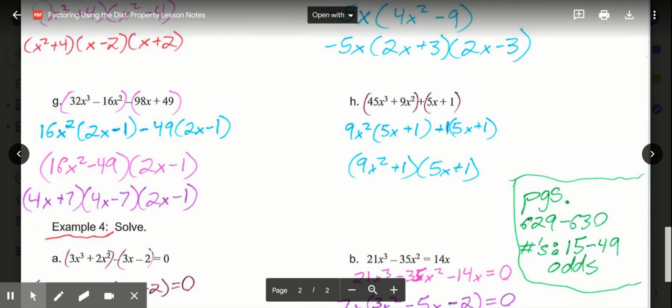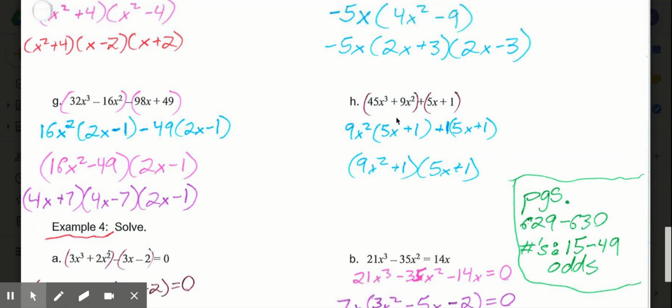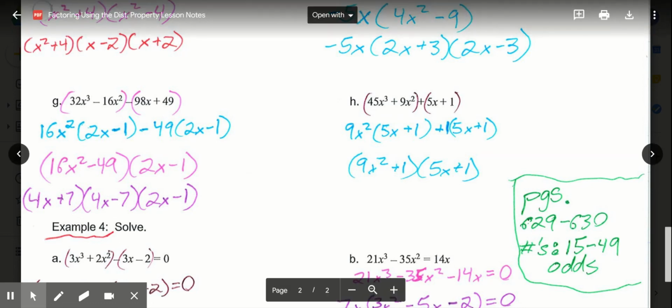G and H, I'm going to just let you work through there. You can see the work and the process. In G, it's another grouping problem because it's 4 terms. Same with H. So you would use the same grouping approach that we used earlier. But then, when we get to the later steps, if you have 16x squared minus 49, because it's a difference of 2 squares, we can factor that one step further to 4x plus 7 times 4x minus 7.